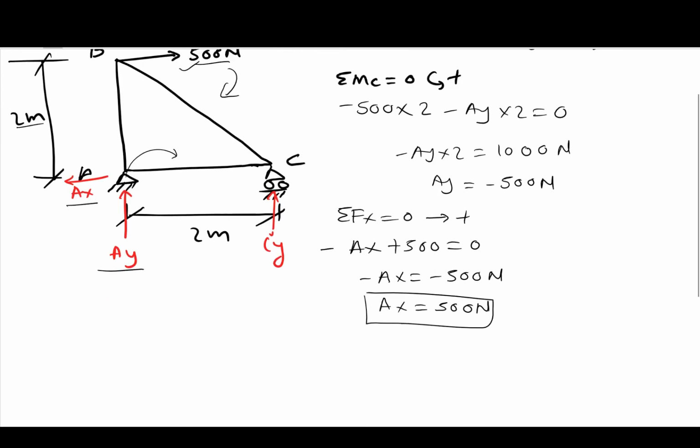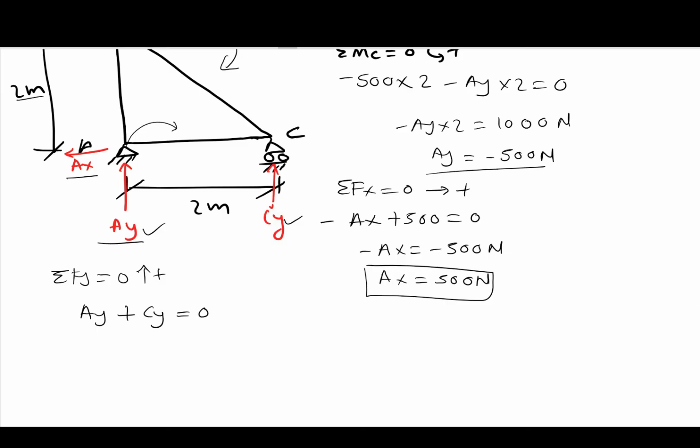Now the last one, sum of the force in Y, upward is positive, so AY is going up, CY is going up. These are two vertical forces, and we substitute AY equal to minus 500 that we just found, so CY equals 500 Newton. So we just found the 3 reaction forces.